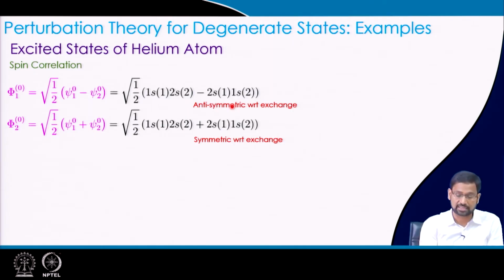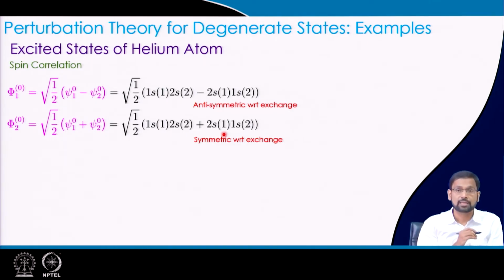If I apply electron exchange with respect to 1, 2, this function becomes 1s2, 2s1, and this function becomes 2s2, 1s1, which is the negative of phi 10. So this is antisymmetric. On the other hand, the second function is symmetric with respect to exchange. While the antisymmetric one satisfies the condition, this one, phi 2, would be creating trouble.